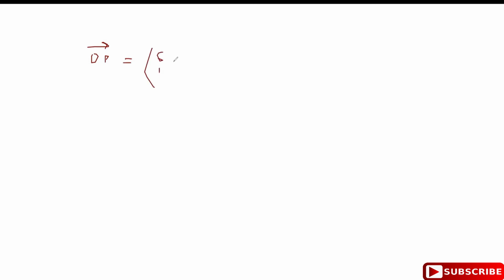That's vector P. So you want some vector V such that P dot V is going to equal 0. I don't know what you want to call V. Let's call vector V, R and T. So we need a vector V such that P dot V equals 0.